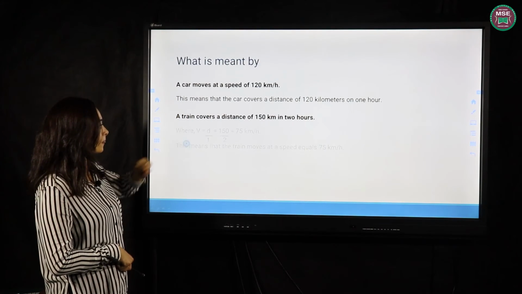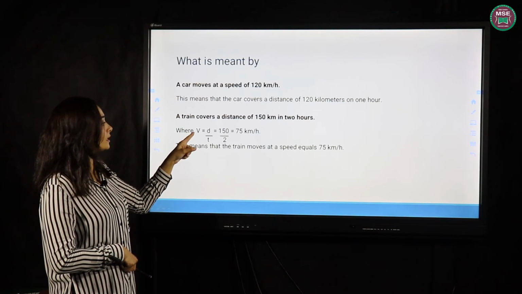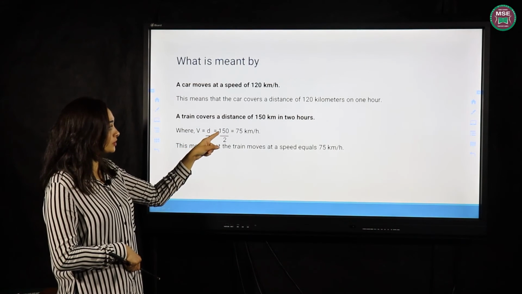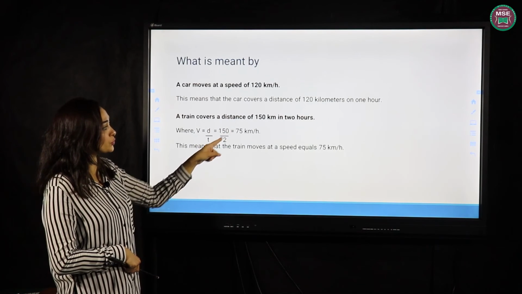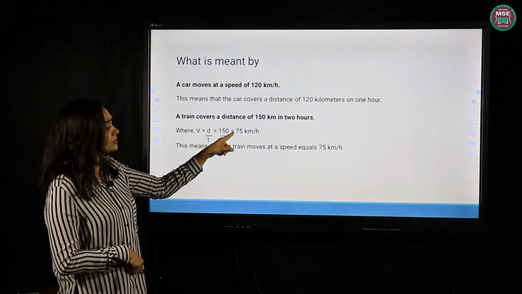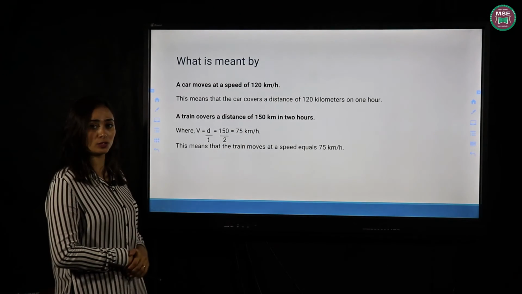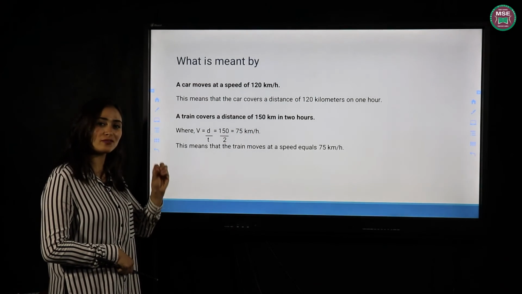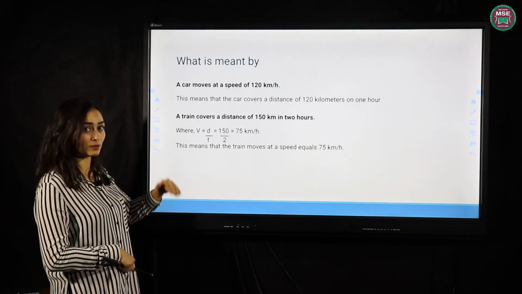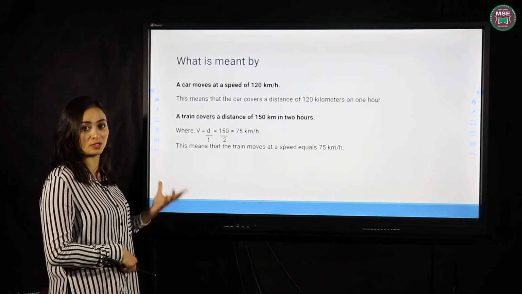How? Let's see. First, we have to say V equals D over T. 150 distance over 2 hours, which is the time, equals 75 km per hour. So first we have to solve the problem as any problem and then write what it means.